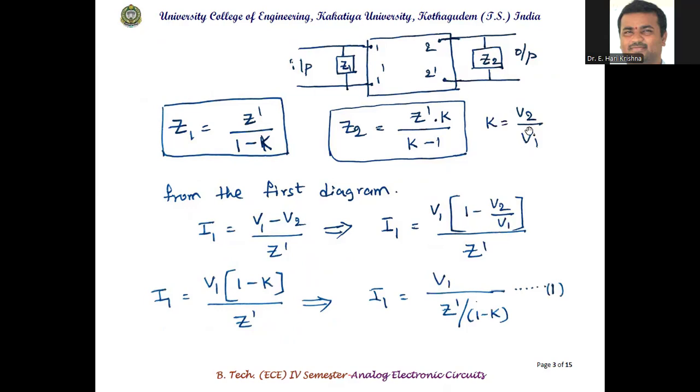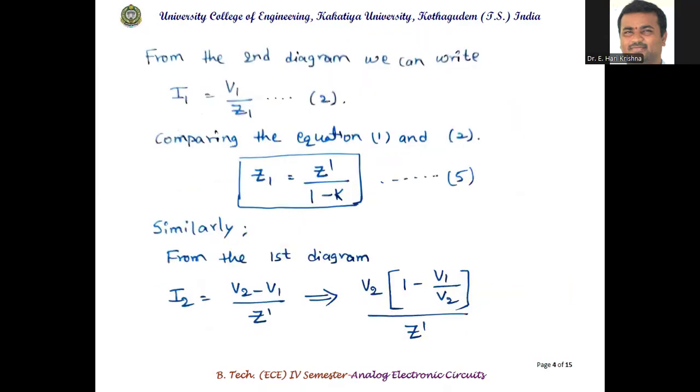V2 by V1 is K. So I1 is equal to V1 into 1 minus K by Z dash, and further, I1 is equal to V1 by Z dash by 1 minus K. So V1 by I1 is the Z1, so Z1 will become Z dash by 1 minus K.